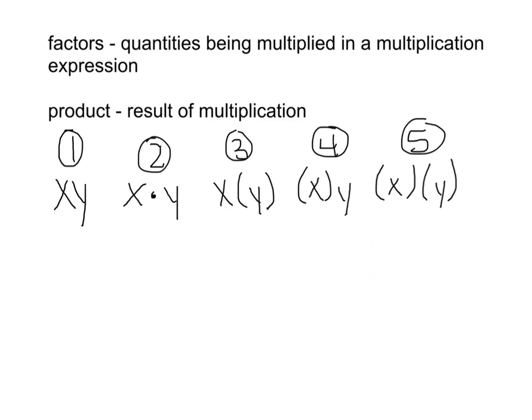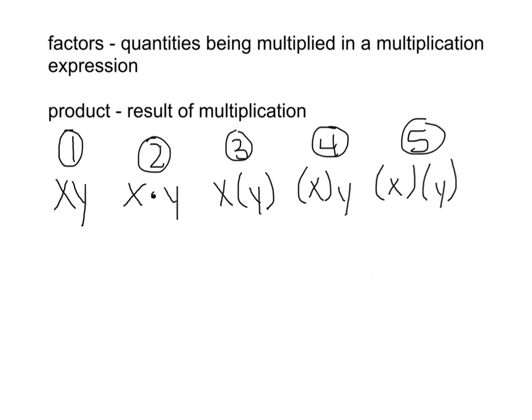Okay, let's look at a couple more definitions and then some examples. First off, we have factors. Factors are quantities being multiplied in a multiplication expression, and the product is the result that you get when you multiply. Now, I have 5 problems here that each look a little different, but they all mean the same thing.